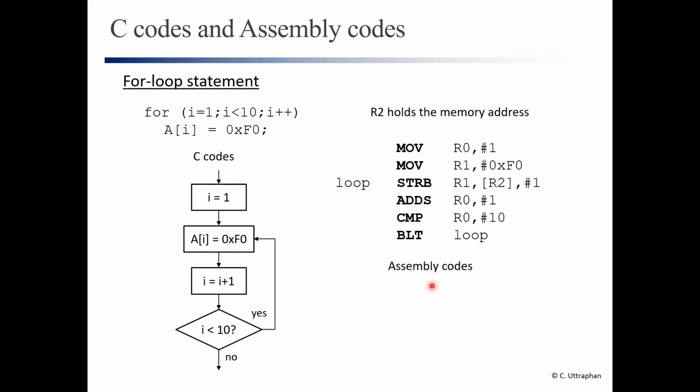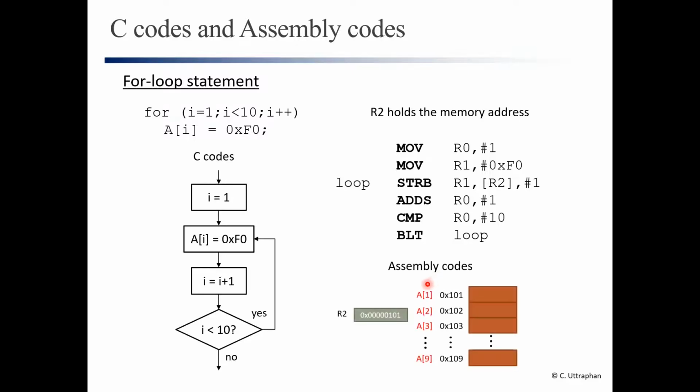For the assembly language, let's say R0 represents I, and the memory address pointed by R2 represents A. We can have something in the memory like this. Assume that address hex 101 is for A1, hex 102 is for A2, until 109 for A9. Then we have hex 101 in R2 like this.